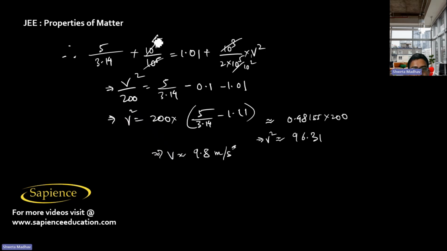So 10 power 5 by 5, this will be 1. This will be 1 only. So it will be minus 1. V square by 200, that is 5 by 3.14 plus 1 minus 1.01, which is minus 0.01.